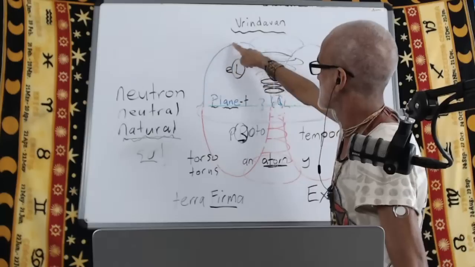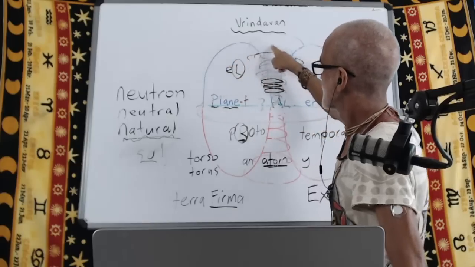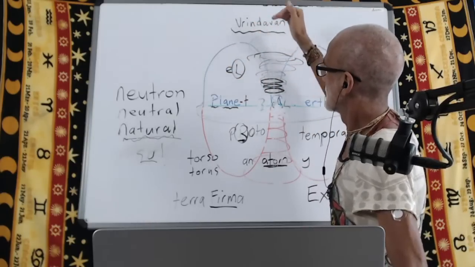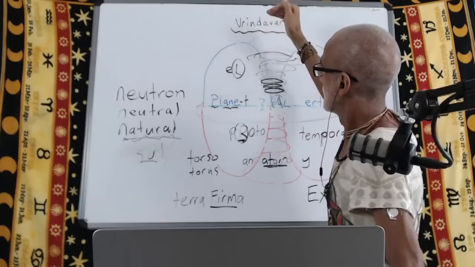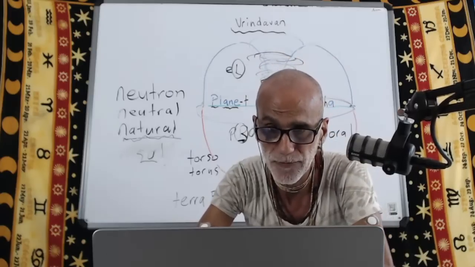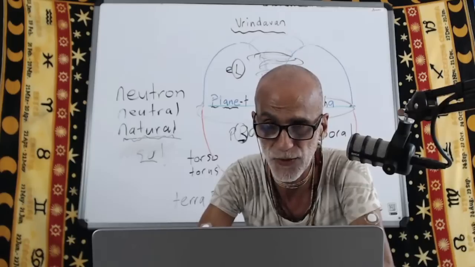The real firmament is this one, the 8th sphere of Uranus, and then beyond that is the 9th sphere, which is Neptune, and then the primum mobile is the 10th sphere. So beyond our 7 visible planets, there are the other 3, which make 10.